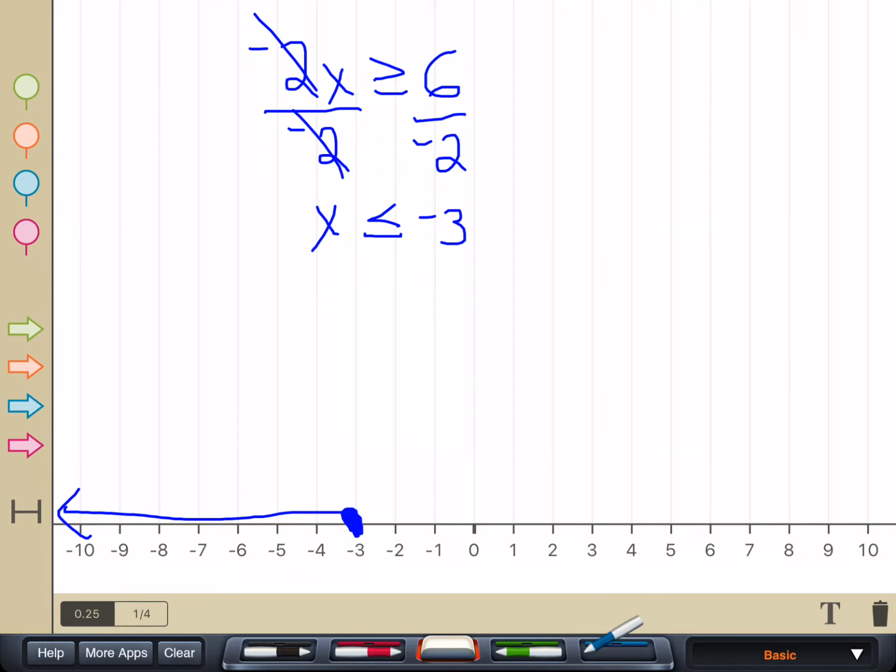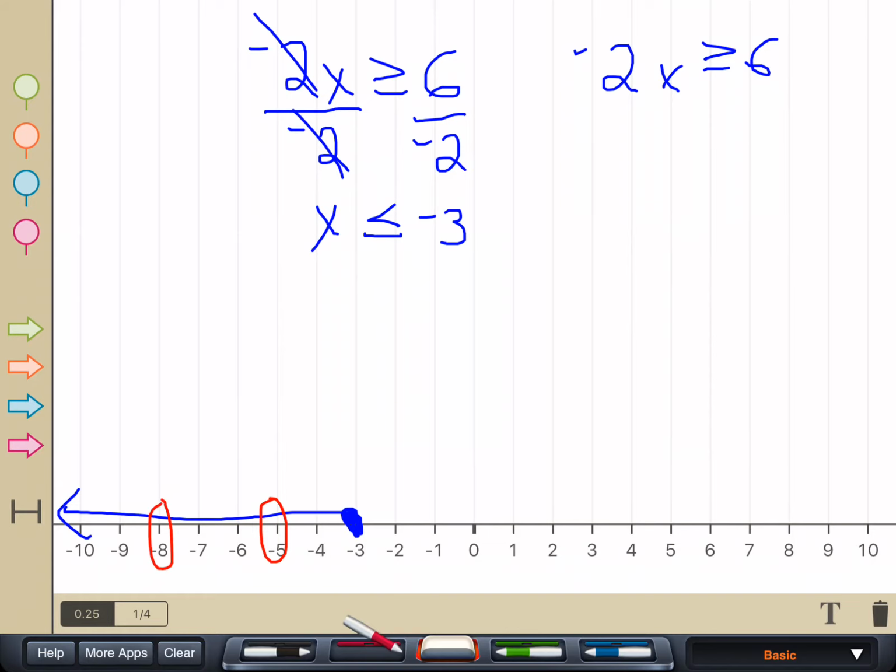So if we just consider our original inequality, what happens if we put in, say, negative 5? Negative 2 times negative 5 is positive 10, and positive 10 is greater than 6. So that works. What if we try negative 8?